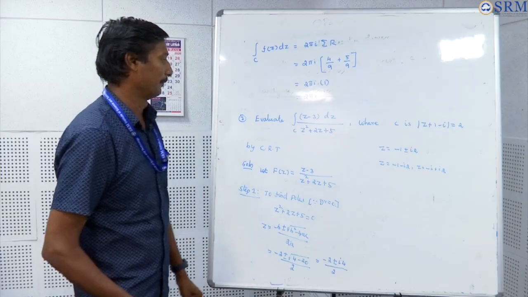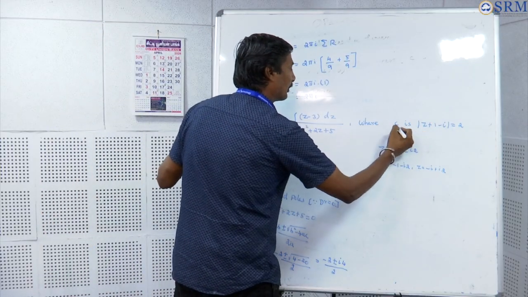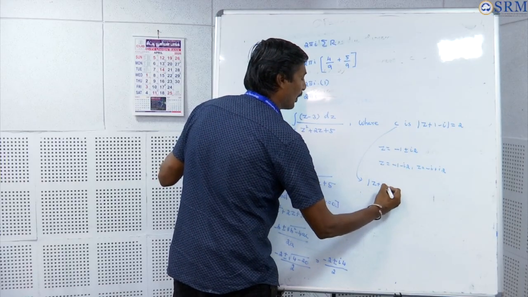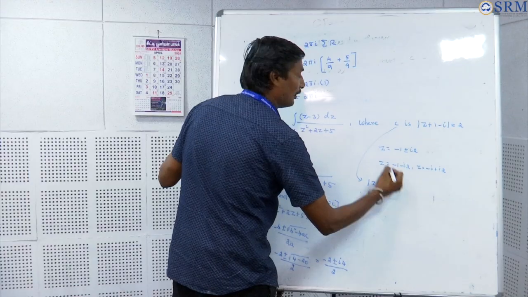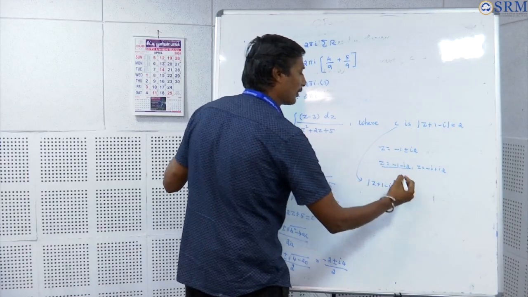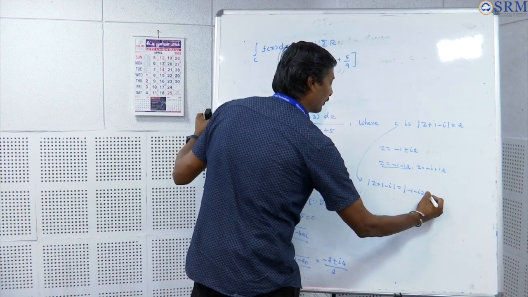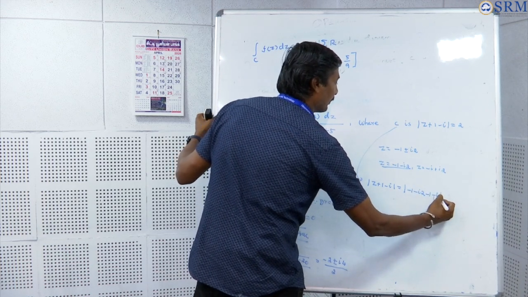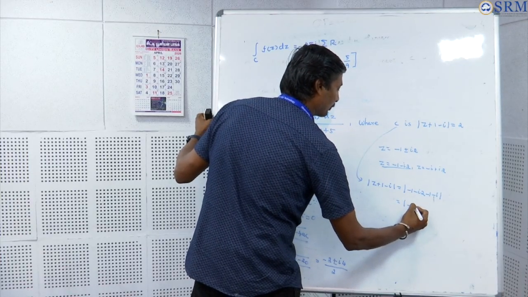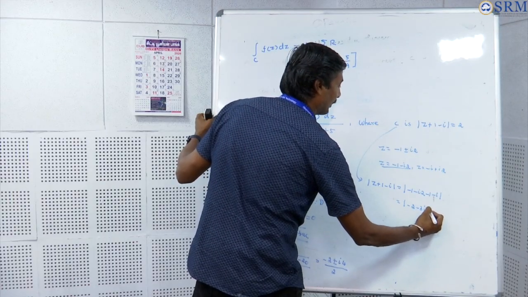We want to check. My dear students, we know the contour C is modulus of z plus 1 minus I. We substitute the first point, z replaced by minus 1 minus 2i: minus 1 minus 2i plus 1 minus i, which is minus 3i.